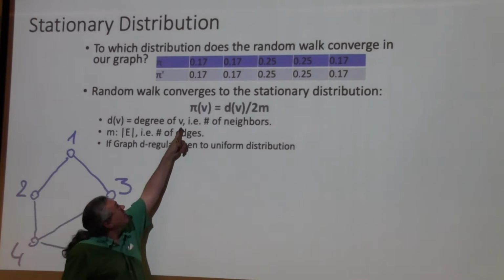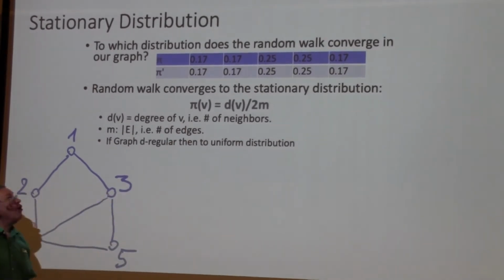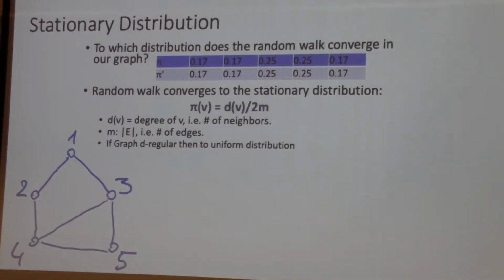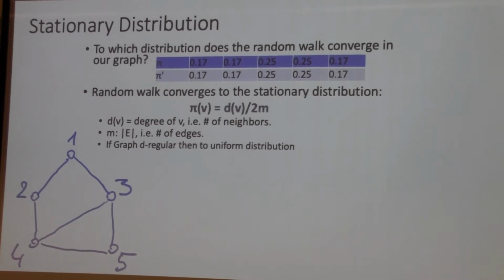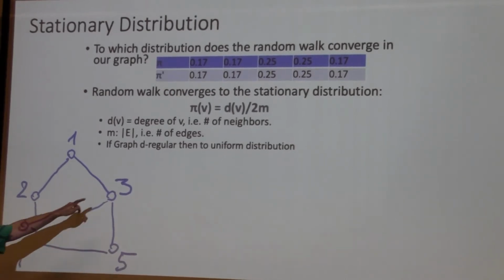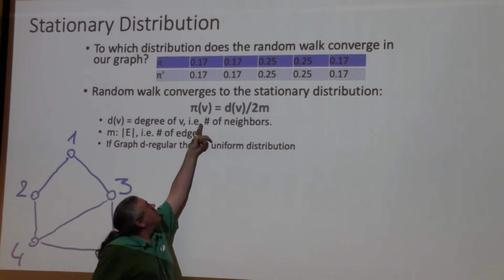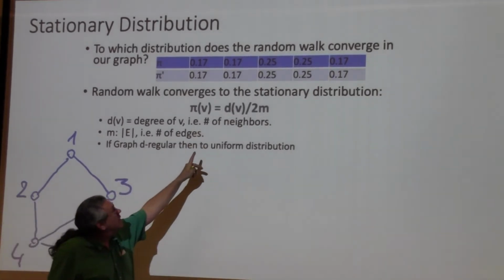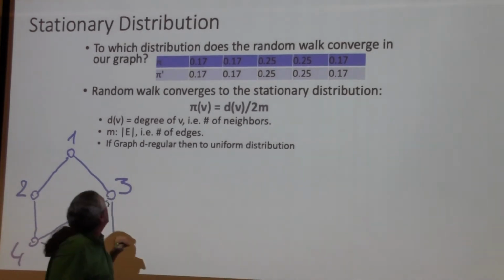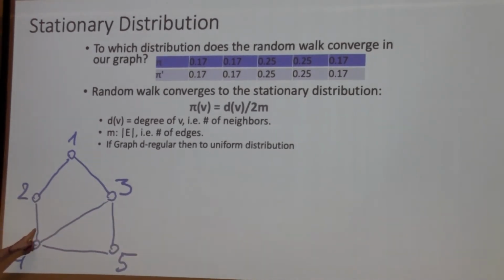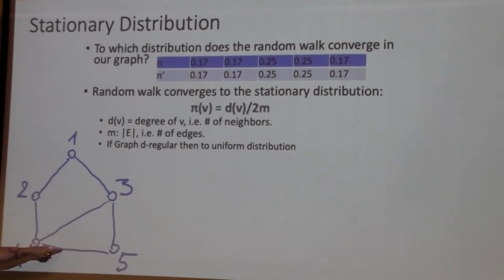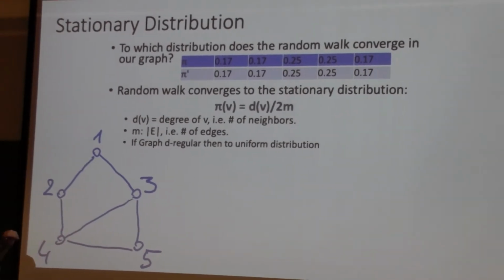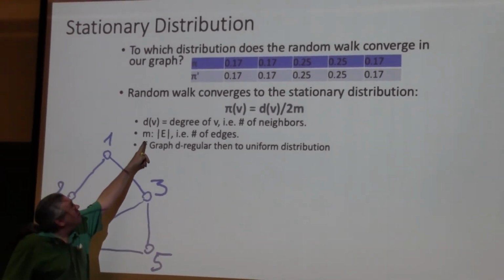So pi here is the converged walks. So the probability of ending up in a vertex V, pi of V, is the degree of V divided by 2m. So the degree is the number of edges coming out or in, and m is the total number of edges.